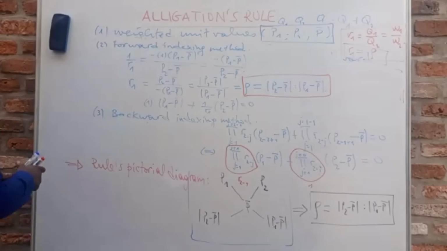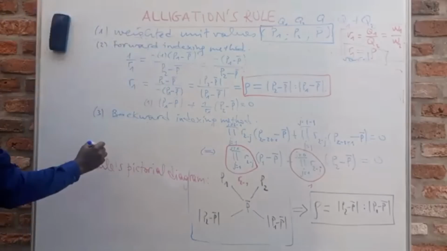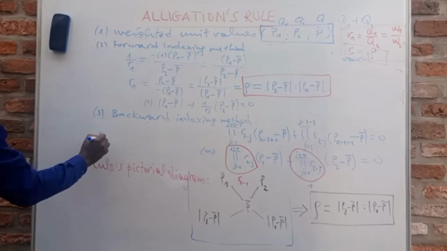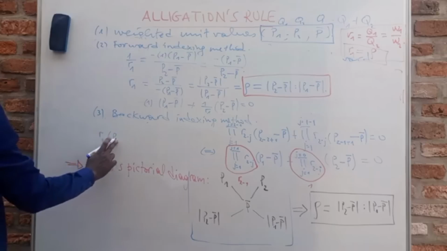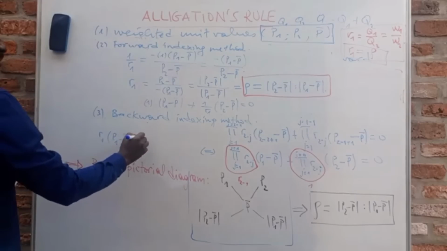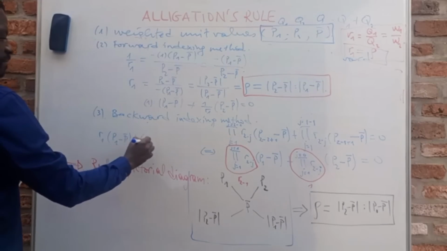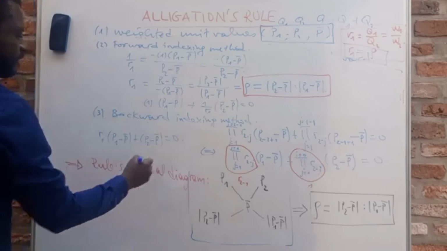And then as a result, this equation is equivalent to R sub 2 minus 1, P sub 1 minus P bar plus 1 times P sub 2 minus P bar. So this is equal to 0.